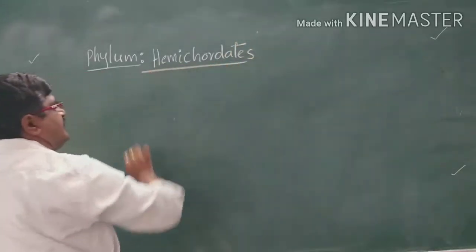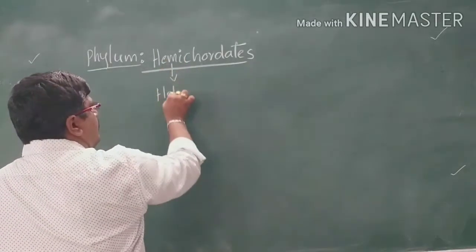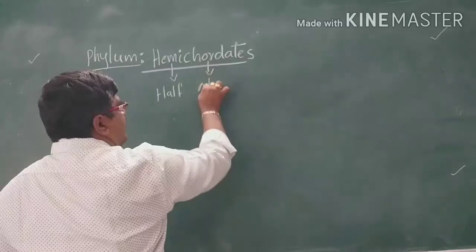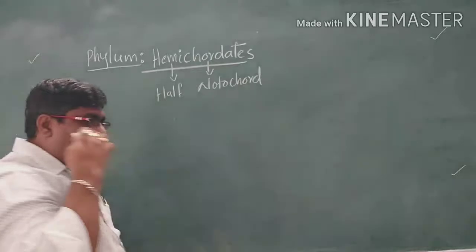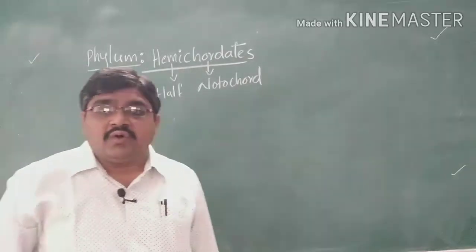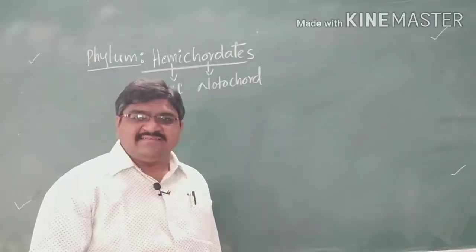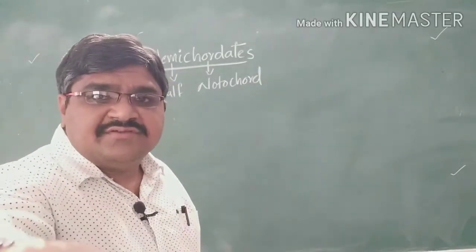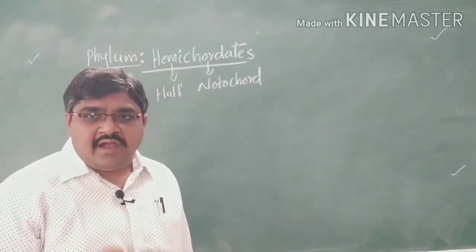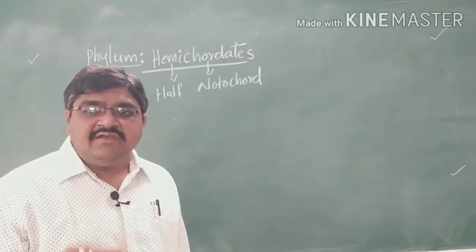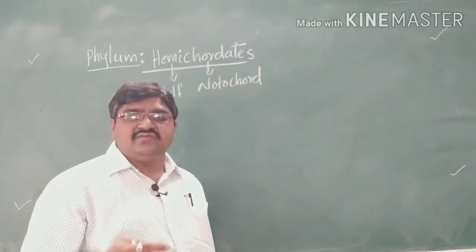Here in hemichordates, hemi means half, and chordates means having a notochord. If half of the organism's body consists of the notochord, that means half of the body consists of a vertebral column, and the other half consists of invertebrate features, that is, a nerve plexus or nerve ganglia.